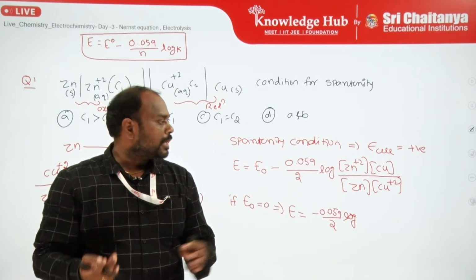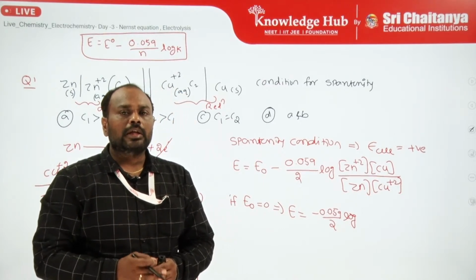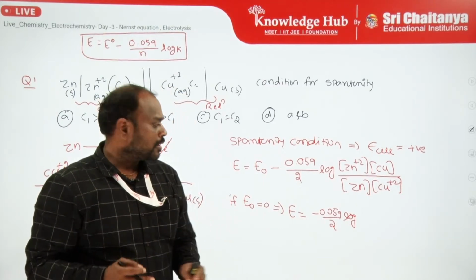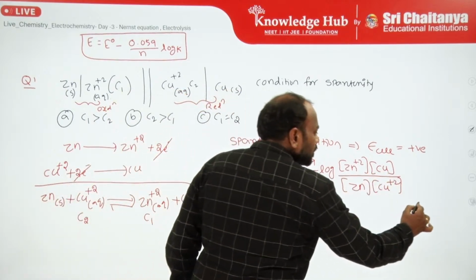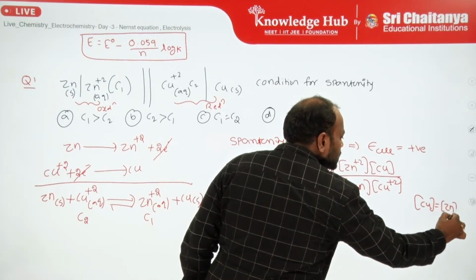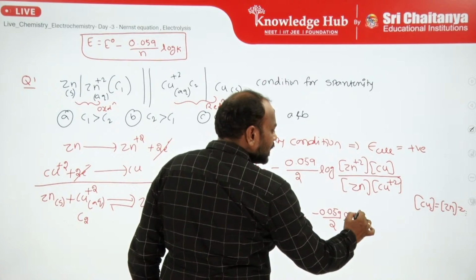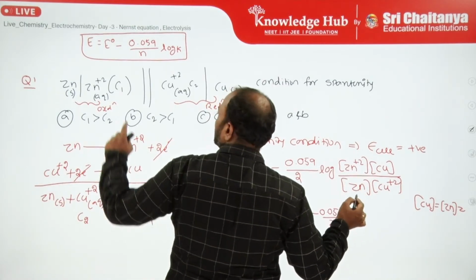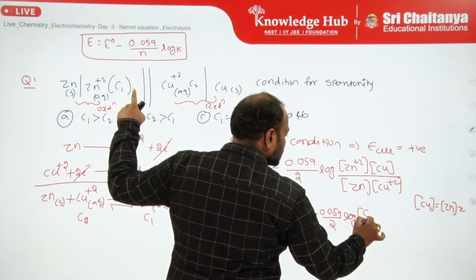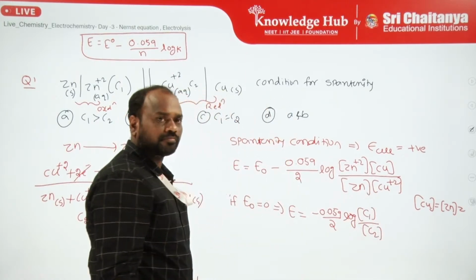So the numerator has Zn plus 2 concentration, C1, and the denominator has concentration C2.